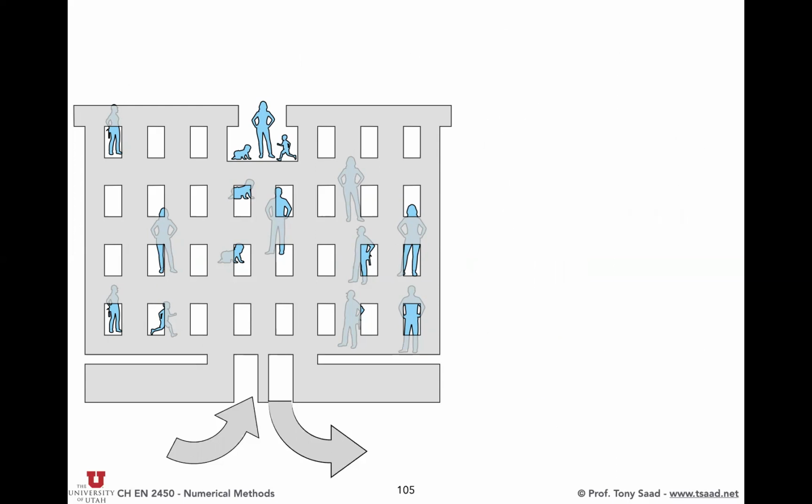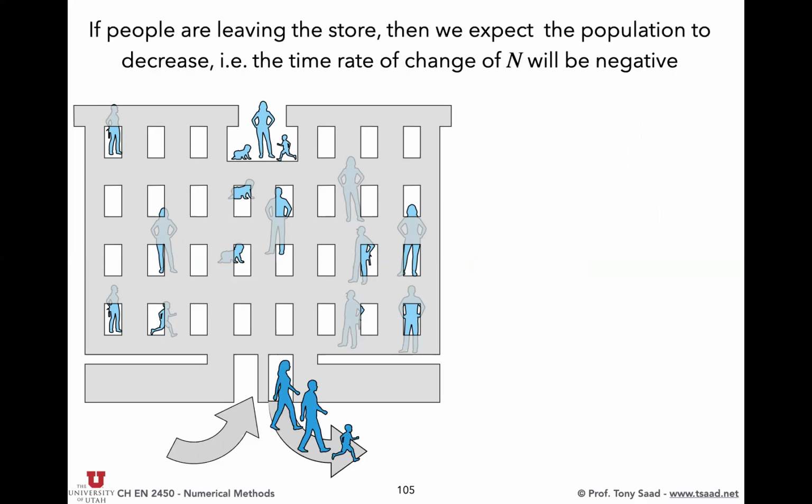So let's specifically go through and describe mathematically what that means. If people are leaving the store, such as depicted in this image, then we expect the population to decrease in size, correct? Now, in terms of rate of change, again, we're not thinking in terms of the quantity, which is the population size. Rather, we're going to think in terms of the rate of change of the population size. In this case, we expect the time rate of change of the population to decrease in time.